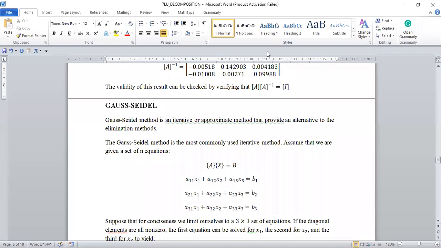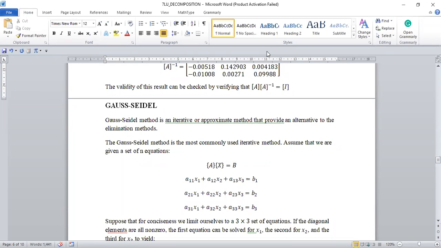solving. Okay, there's a question. The decomposition method is manual. Is it okay to use Matlab? Yes, you can use Matlab or Excel VBA to decompose the matrix.